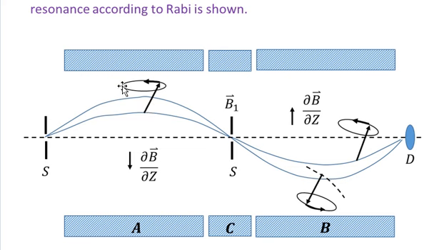And this is how the nuclear spin behaves. I have shown it with an arrow over here, because the nuclear spin will carry out its precessional motion about the magnetic field.